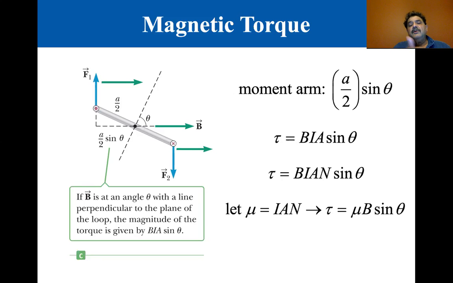Well, what is mu? Mu is the vector that is perpendicular to the plane of the loop. You can have a vector going up, or a vector going down. The way to determine it is that it's perpendicular to the loop, and your fingers curl in the direction of the current. In this case, it's coming out of the page.